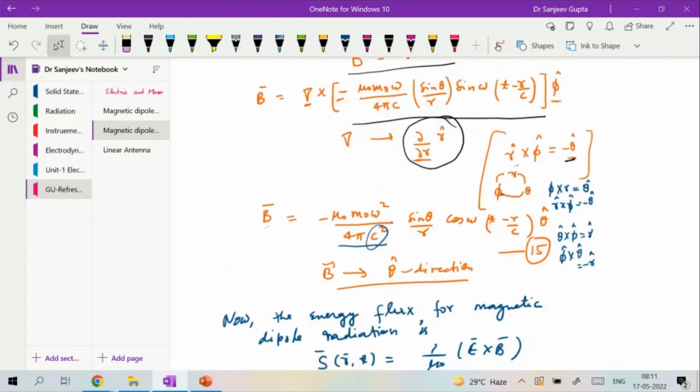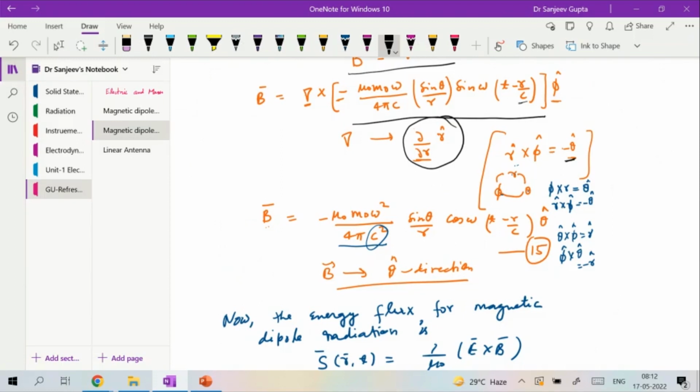So I simply multiplied this way with r, and you can see here I'm getting only the θ component, but with a minus sign, and an extra c comes in, that is c², because it is differentiated with r, sin θ/r cos(ωt − r/c), and you can say this is θ dependent.